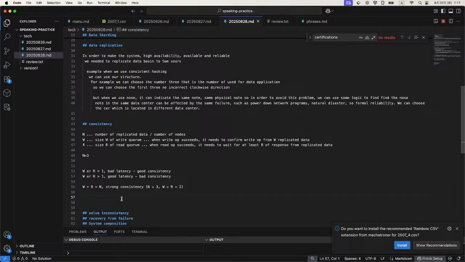For example, strong consistency: whenever you read, you can get the latest written data.